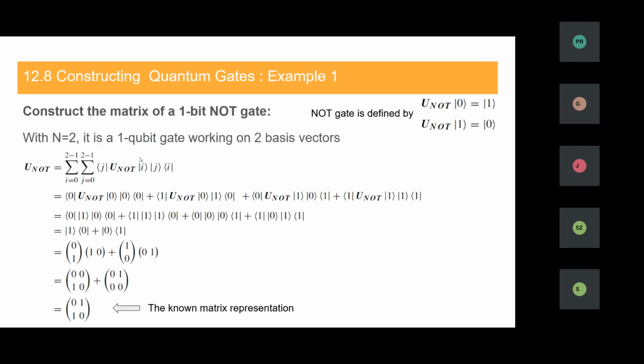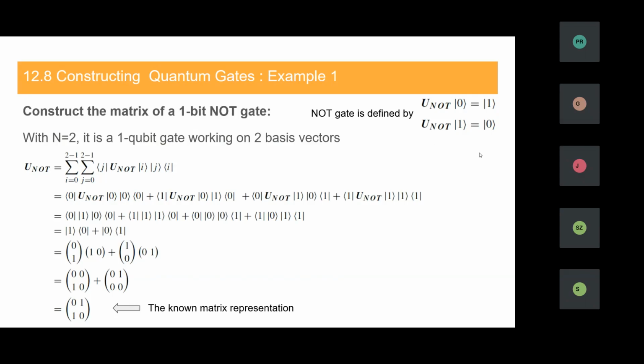Here I'm trying to implement a 1-bit NOT gate. Not a C NOT gate, I'm sorry, it's a 1-bit NOT gate. We know that the 1-bit NOT gate is defined by this: U naught operating on ket 0 will produce ket 1, and U naught operating on ket 1 will produce ket 0. This is the fundamental behavior.